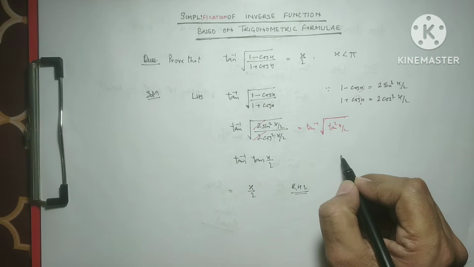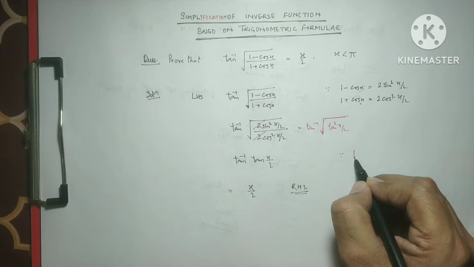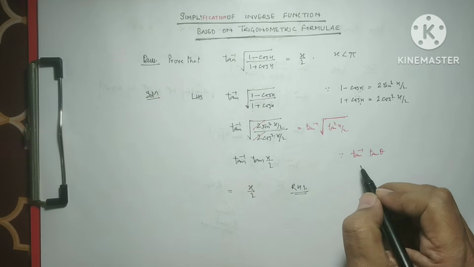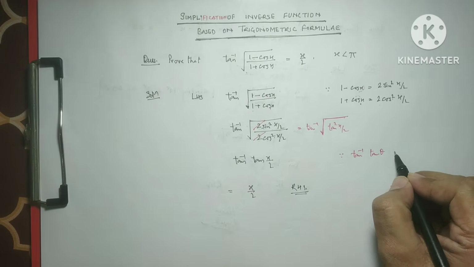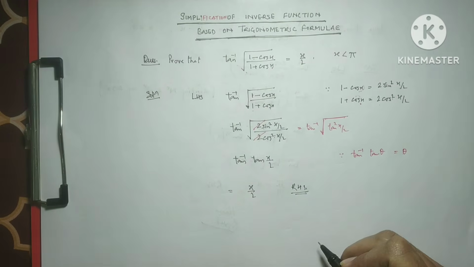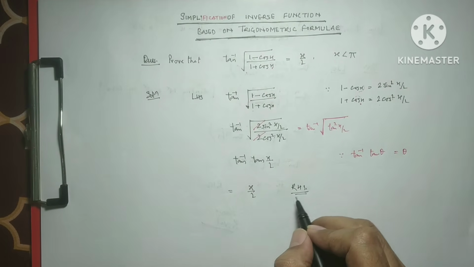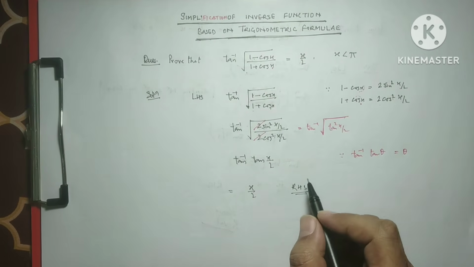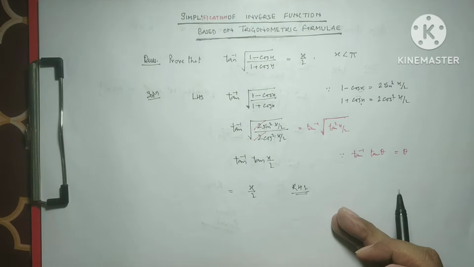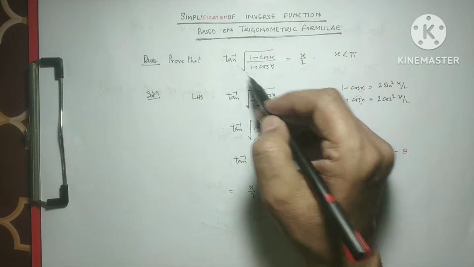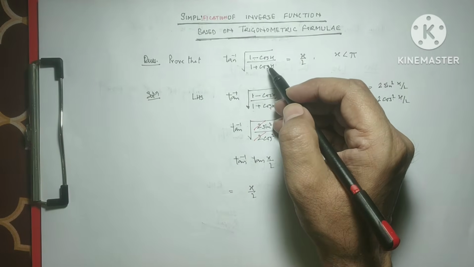As we know the theorem, tan inverse of tan theta is theta, so it will be x by 2, and this is the required result. So it is the RHS. This is the way you simplify inverse functions.